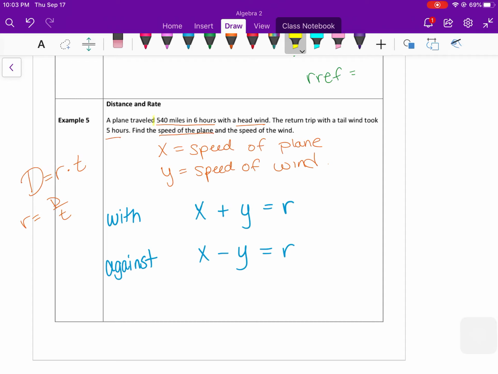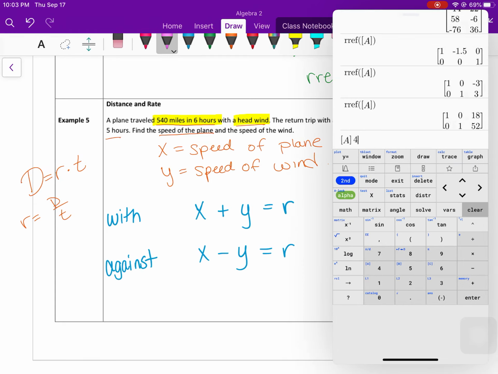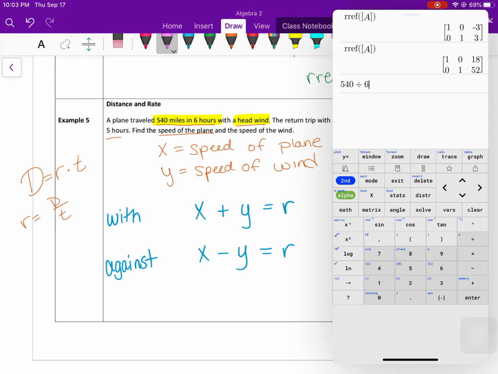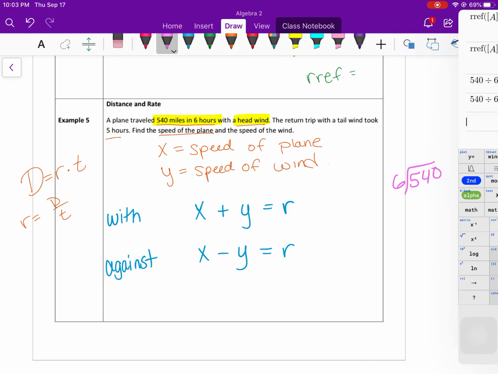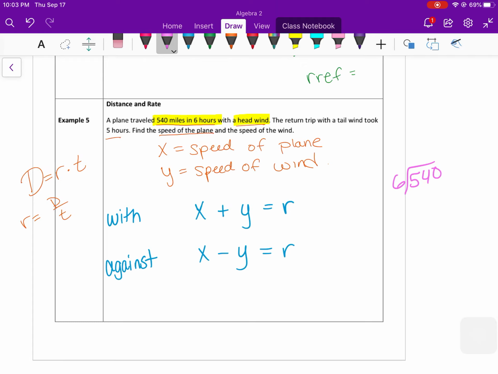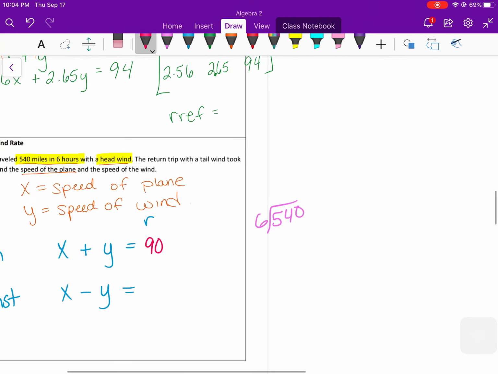Well, it was traveling 540 miles in 6 hours with the wind. So 540 divided by 6, let's use the calculator, they were going 90 miles per hour. So with the wind then here would be 90. We want them to both be the rates here. And then against the wind, it took 5 hours.